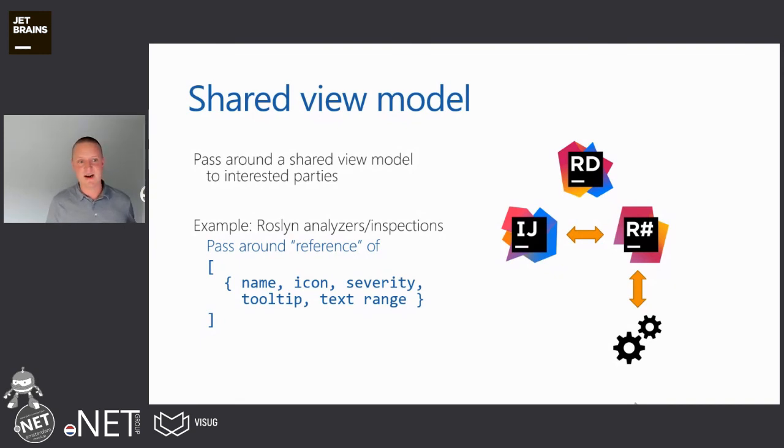If a Roslyn analyzer fires and says, look, I have an inspection to report, I want this icon, this severity, this tooltip, and this is the text range in the document, it simply can add that to a collection of inspections, and ReSharper will see this, and IntelliJ will see this as well. So we are sharing the view model between processes.